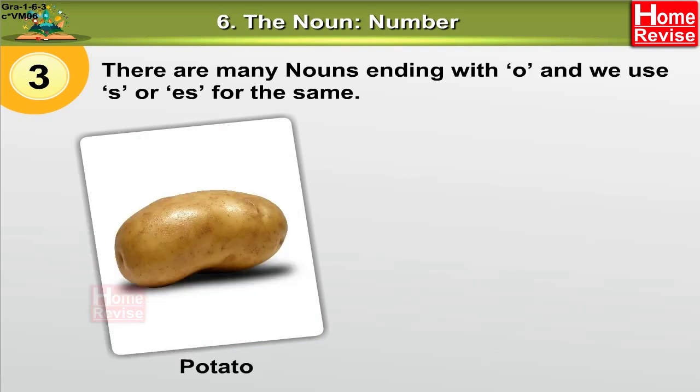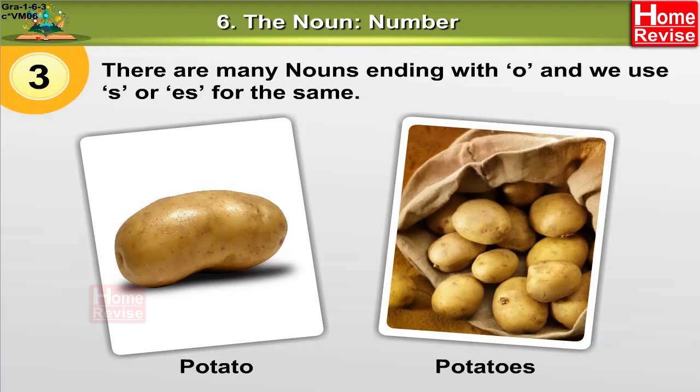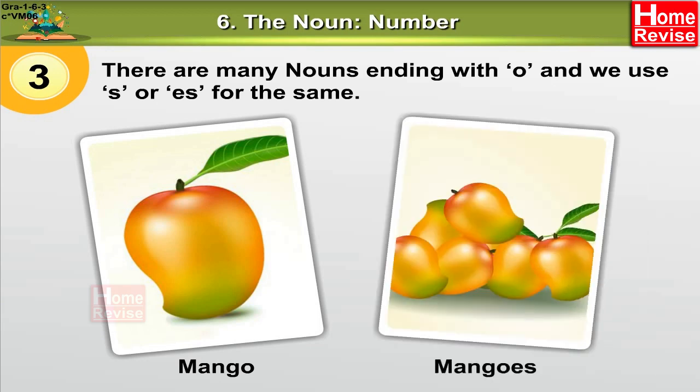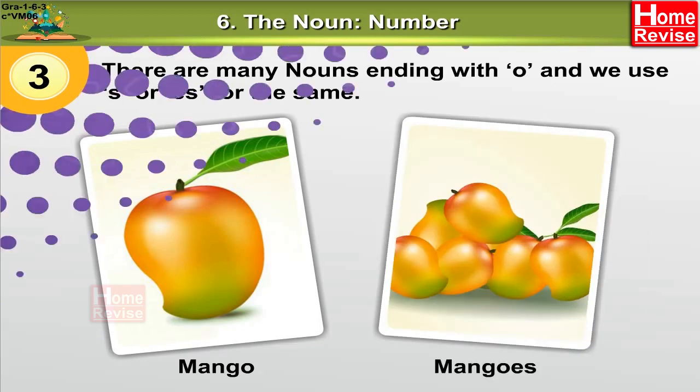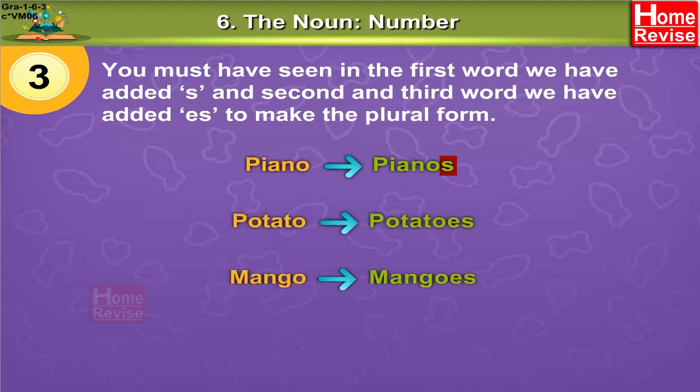Potato, add es, becomes potatoes. Mango, add es, becomes mangoes. Now you must have seen that in the first word we have added s and in the second and third words we have added es to make the plural form. Got that? All right, so let's move on.